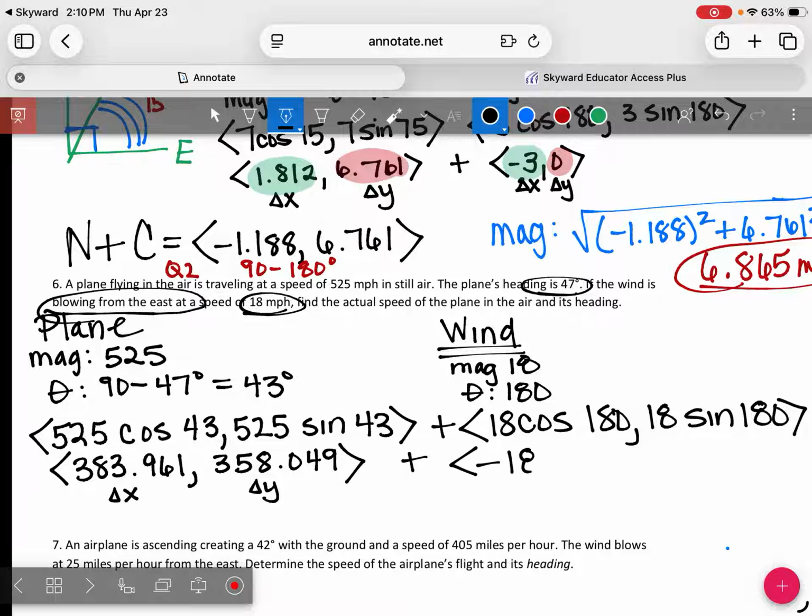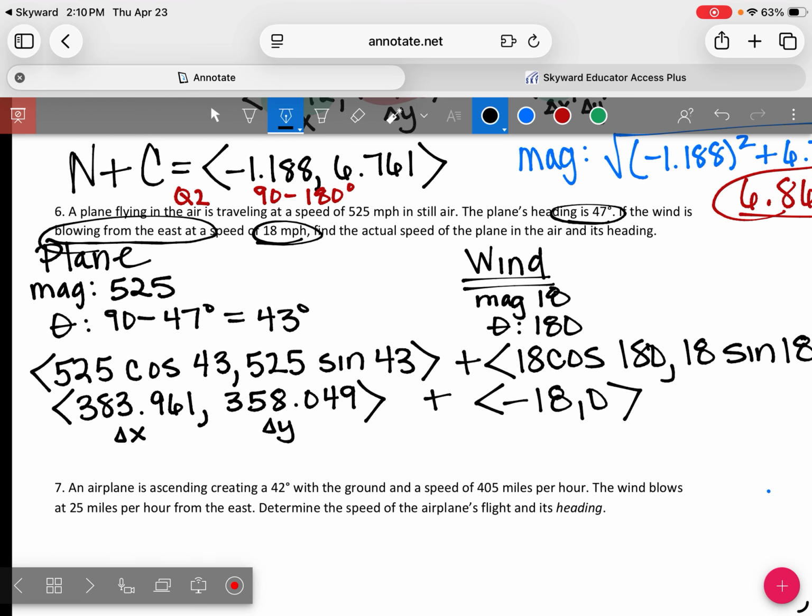You should have negative 18 and 0. So now we need to create a vector for the plane plus the wind vector. I'm adding together my change in x, or my horizontal, and my vertical.